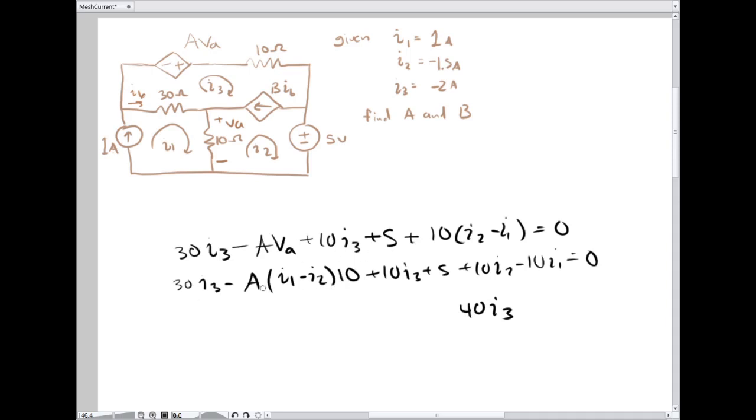We have a plus 10A I2 and a 10I2, so that's 10A plus 1 I2. We have a minus 10I1 and a minus A I1 times 10, so that's minus 10 A plus 1 I1. And then we have 5 here that becomes a minus 5 on the other side.